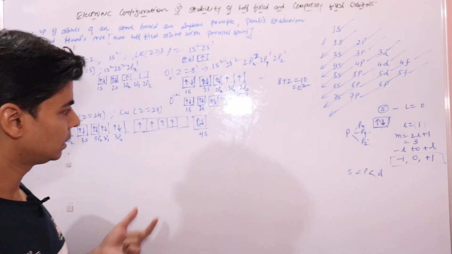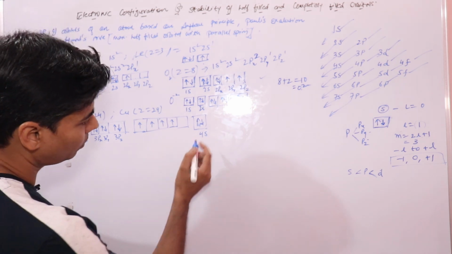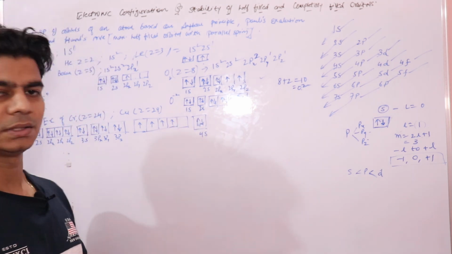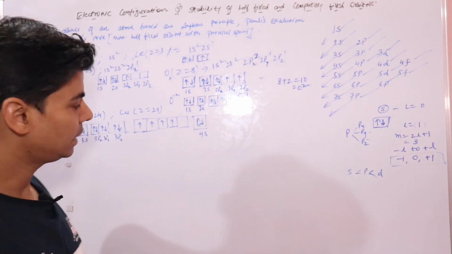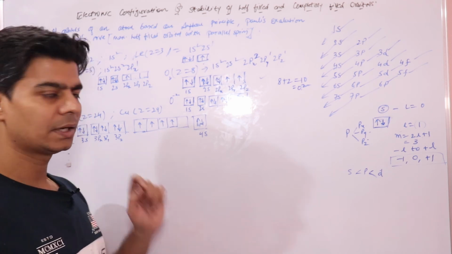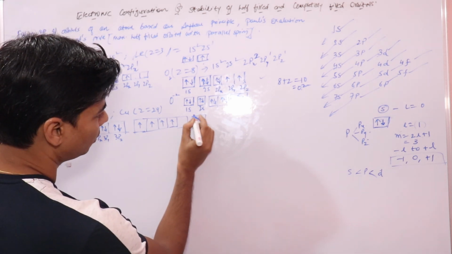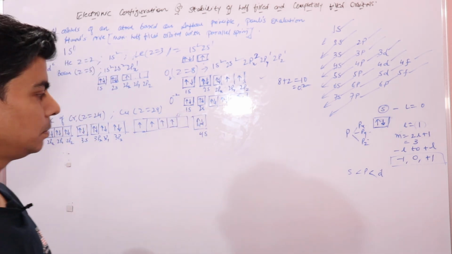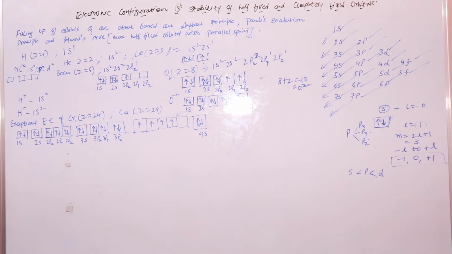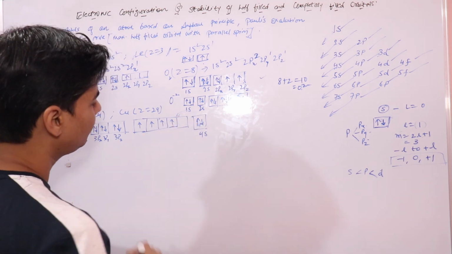But here the electron is getting shifted from lower energy to higher energy orbital. s is your lower energy orbital and d is your higher energy orbital. So one electron will shift from here to here, and this will lead to stability. Why will it lead to stability?